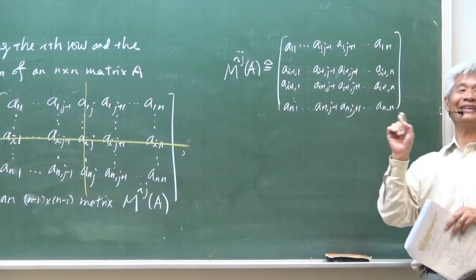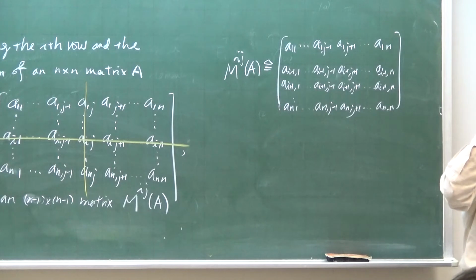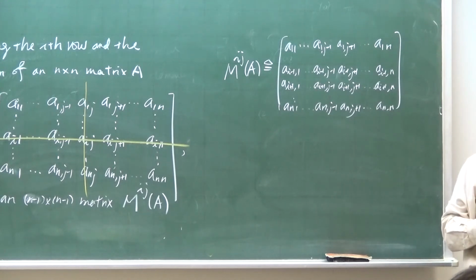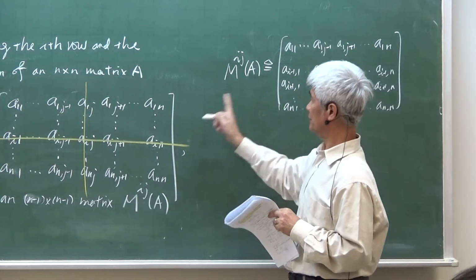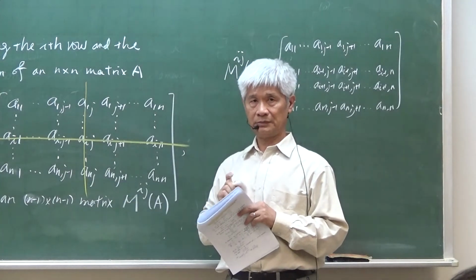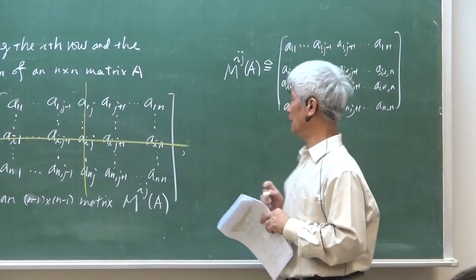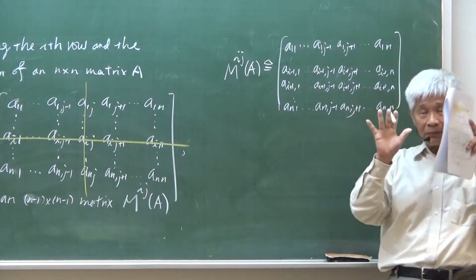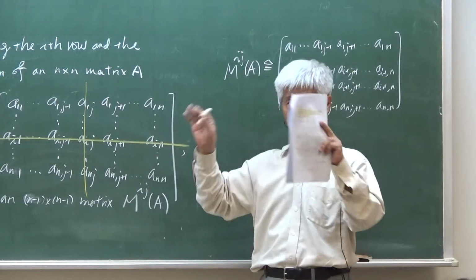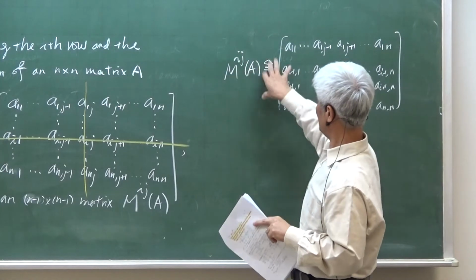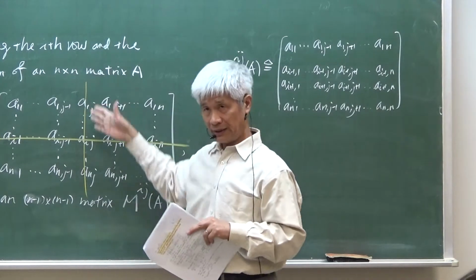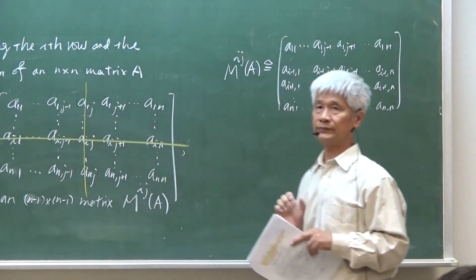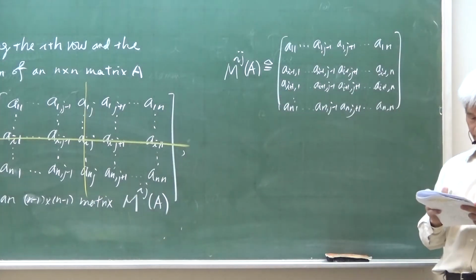I took my time because I want you to have a very solid impression of how we extract this submatrix from the original matrix A. We use M because it's a minor of A: we extract this smaller matrix from the original matrix by removing the ith row and the jth column.